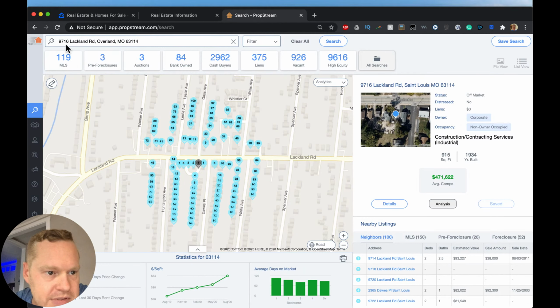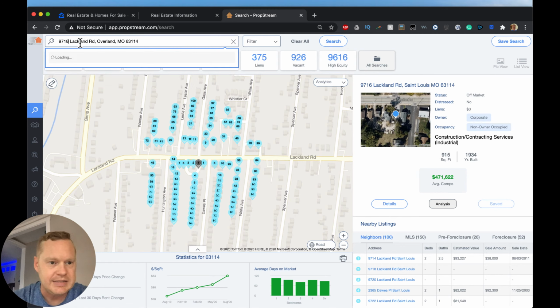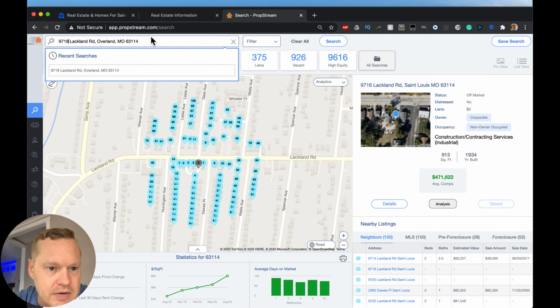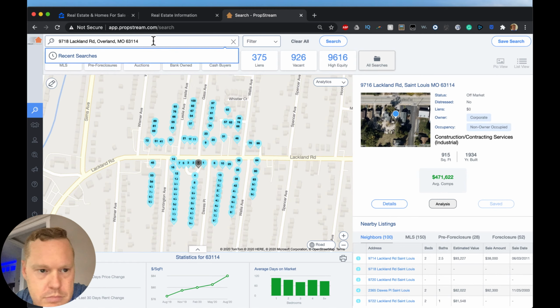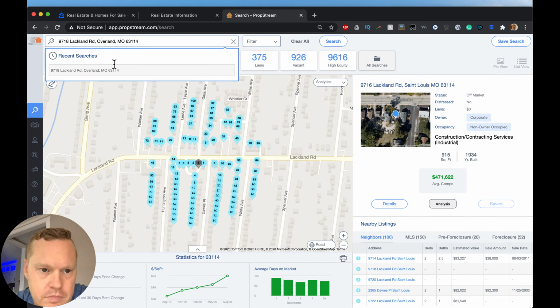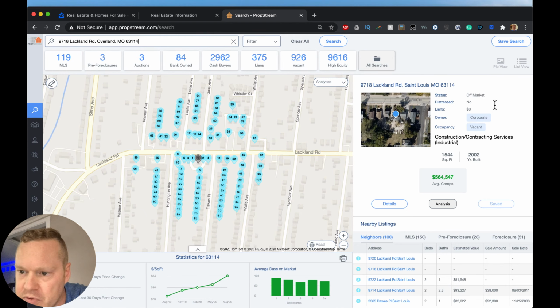Let's try the other ones and see if it comes up with anything. 9718 Lackland. All right, so it pulls this one up. Off market, same thing.